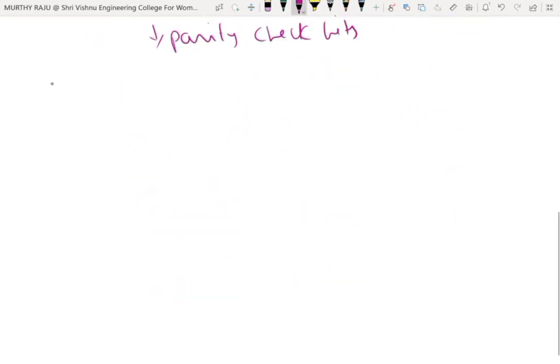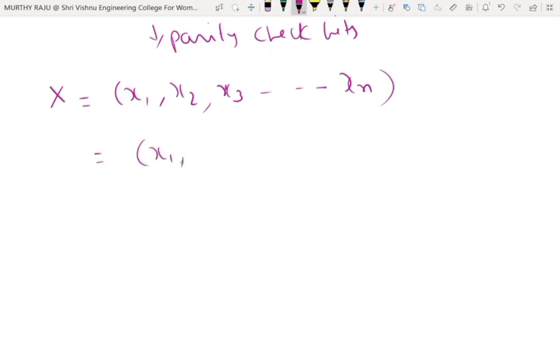Here X can be written generally as x1, x2, x3 and so on xn, that is x1, x2, xk, xk plus 1, xk plus 2 and so on xn.